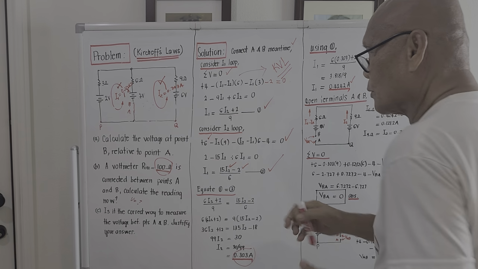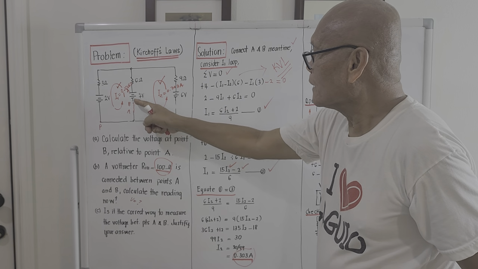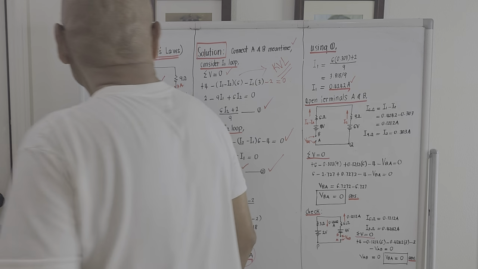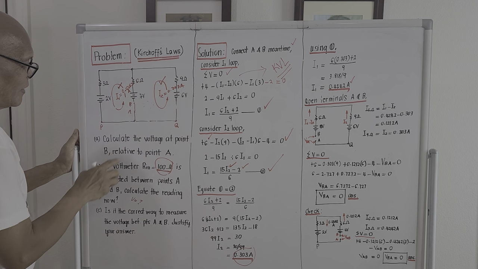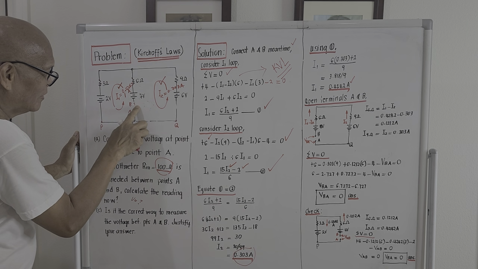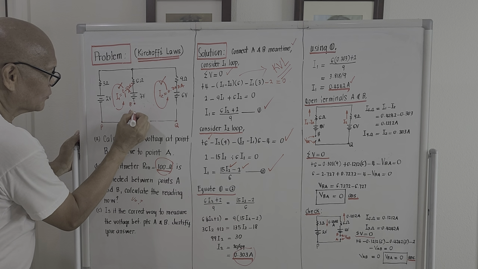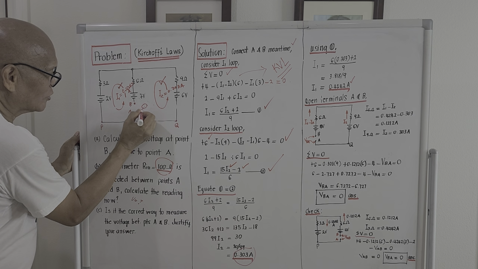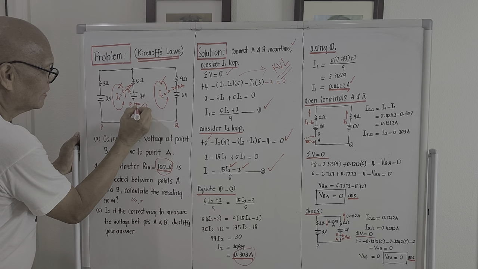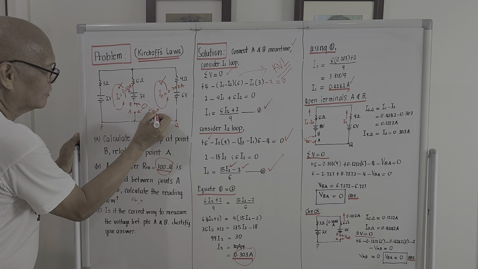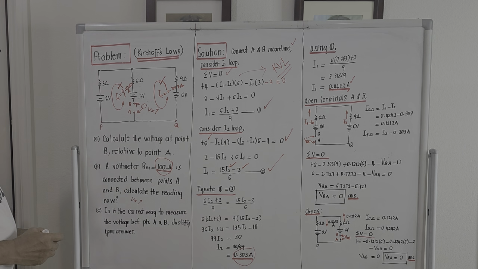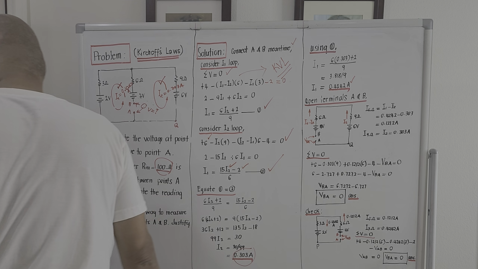So to compute now for the voltage across B and A, we now know the circulating current, right? So we open this one now. This is point B, this is point A, and if we place our voltmeter here, what will be the reading? Oh, that's an easy one now. Again, by using Kirchhoff's voltage law, we could present two solutions.